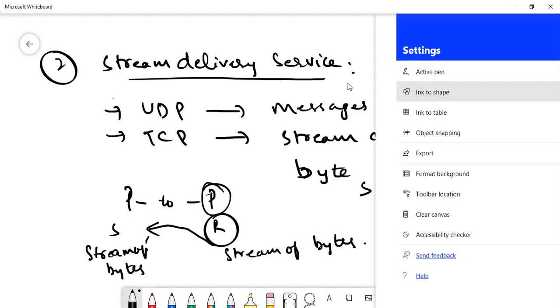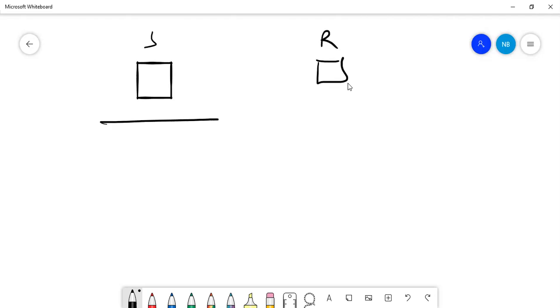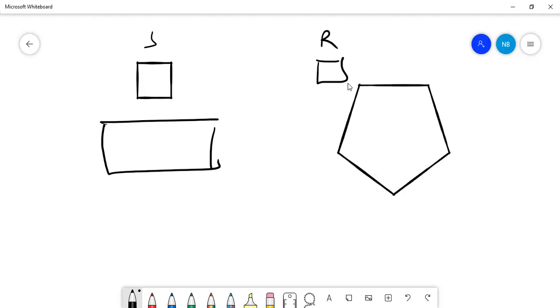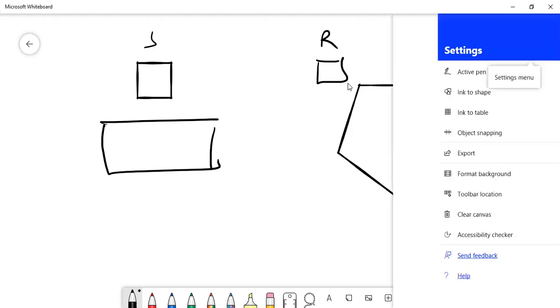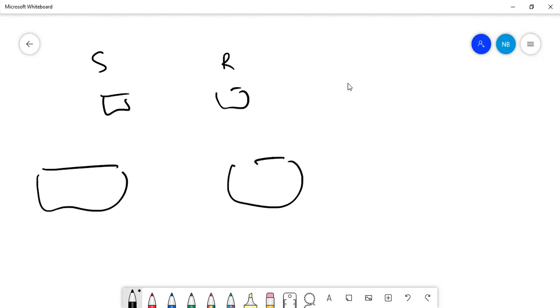Let me draw this diagram, then you can understand. Let us say this is one process and this is another process. This is the sender and this is the receiver. There will be a TCP protocol on each side.